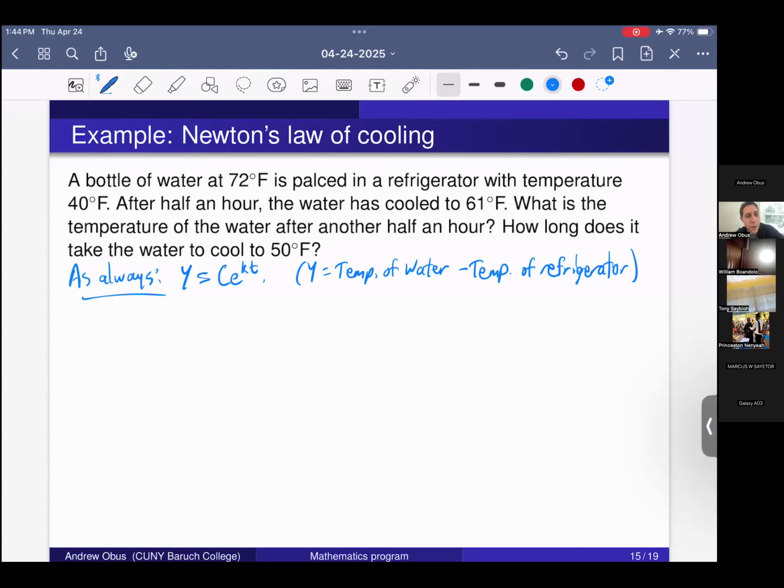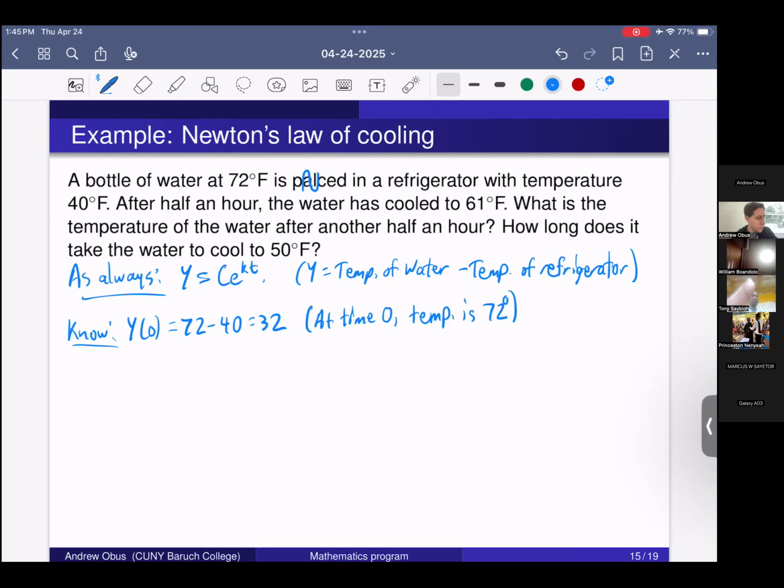So just like every other question, we start with what do we know, and then we can try to figure out k and c. So what do we know? Okay, so we know the water is 72 degrees Fahrenheit and the refrigerator temperature is 40. So at time 0, y of 0 is equal to 72 minus 40, which is equal to 32 degrees. This just means at time 0, temperature is 72.